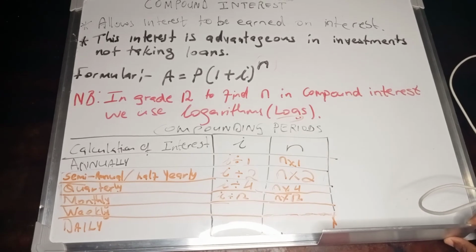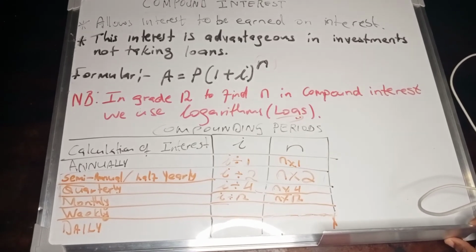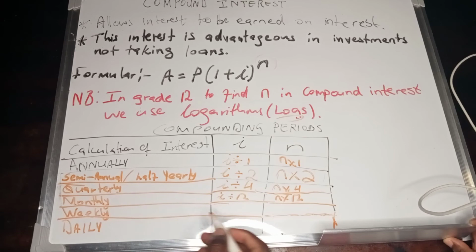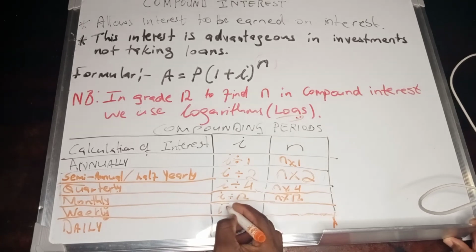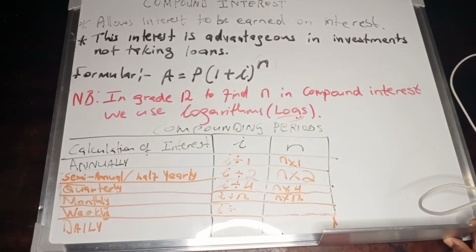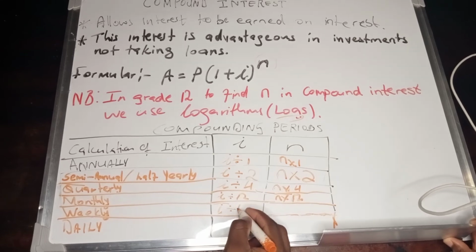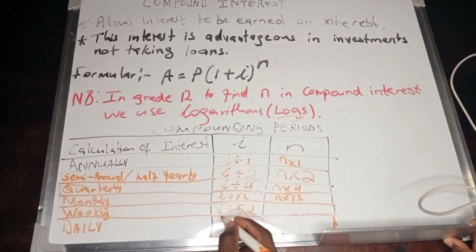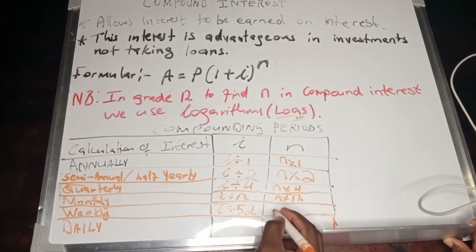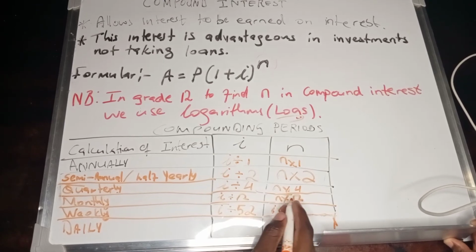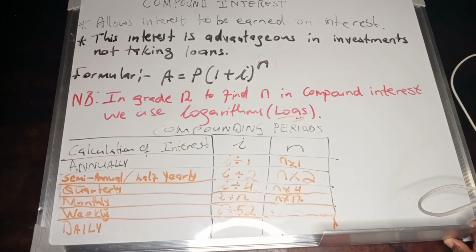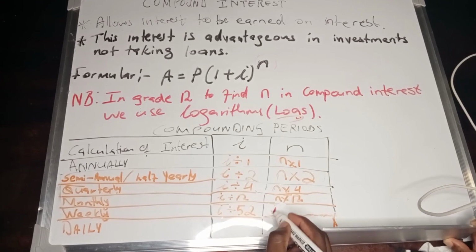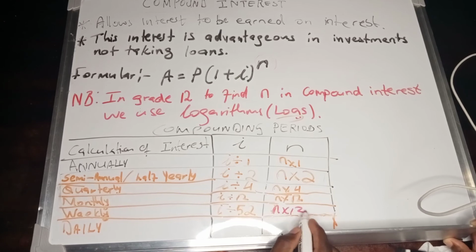Then now let's go to weekly. How many weeks do we have in a year? I tell you that we have 52 weeks in a year. So we're going to have I divided by 52 and n multiplied by 52.